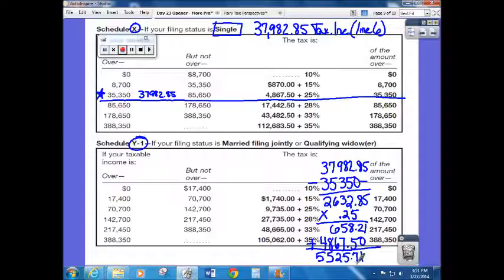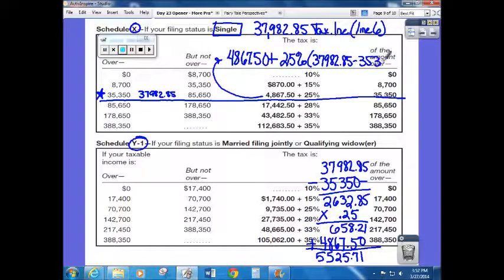If we do that, here's how we do it. We take this information on line 3. And we say 4867.50 plus 25% of the amount over 35,350. So of our taxable income minus 35,350. At this point, we just use our order of operations to solve the equation.